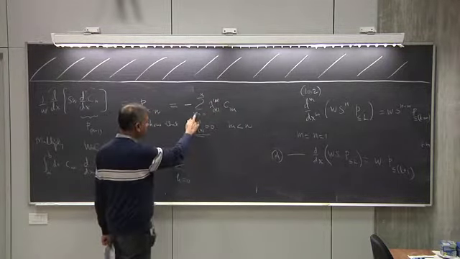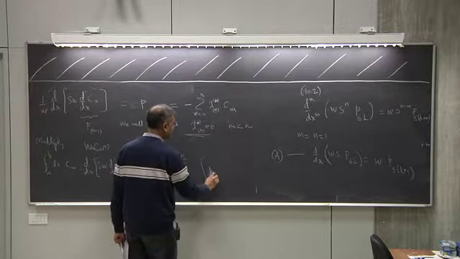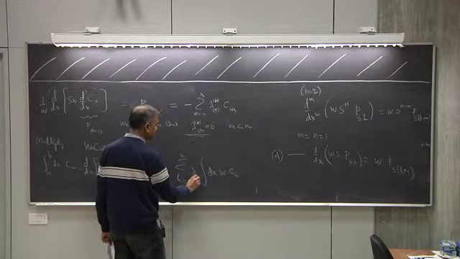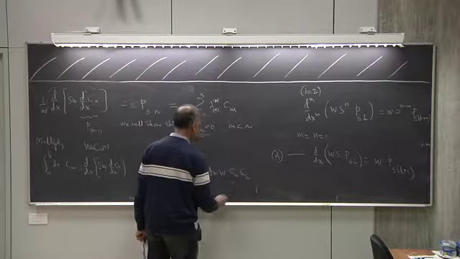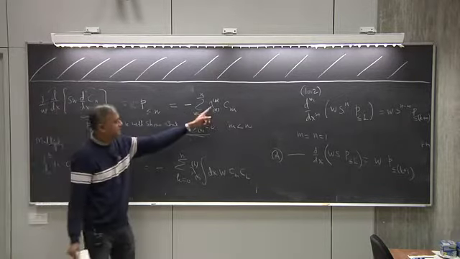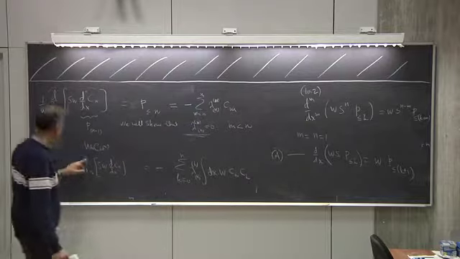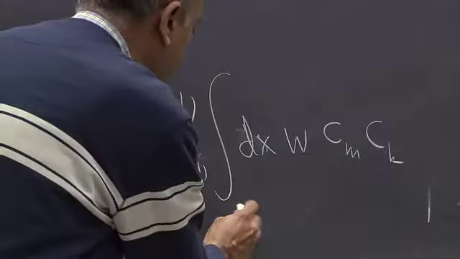So I just replace m by k here, and then you have the integral dx w Cm, there is lambda nk Ck. I mean these are constants, right? So that can be taken out of the integral. What is inside is only a function of x, and these are functions of x. So that is the integral, and again from a to b.